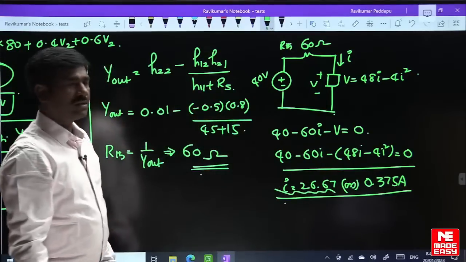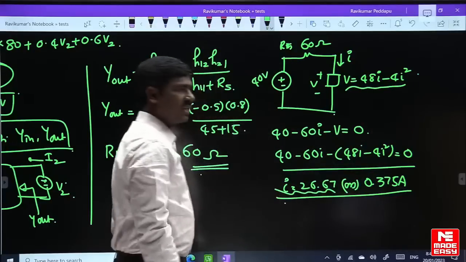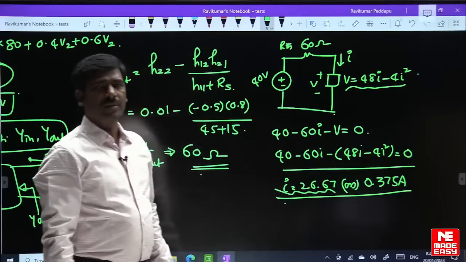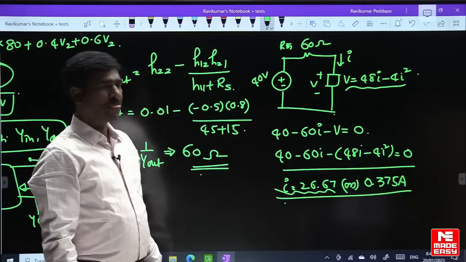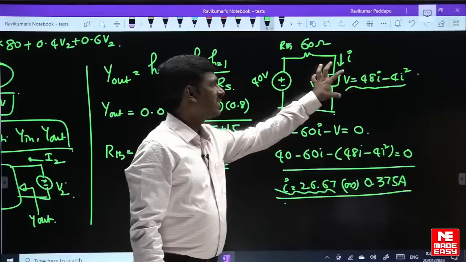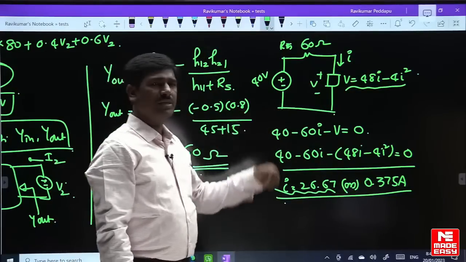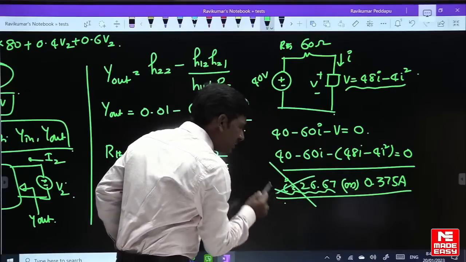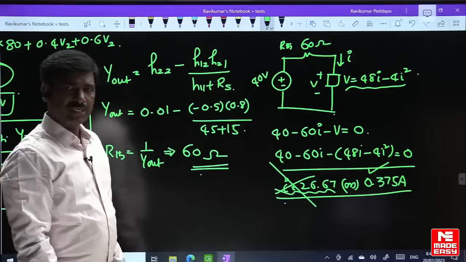Why? Because if you substitute 26.67, V becomes negative. Negative V means it acts as a source, but in the question it is given that this is a load, not a source. So 26.67 is not correct. The answer is 0.375 ampere.